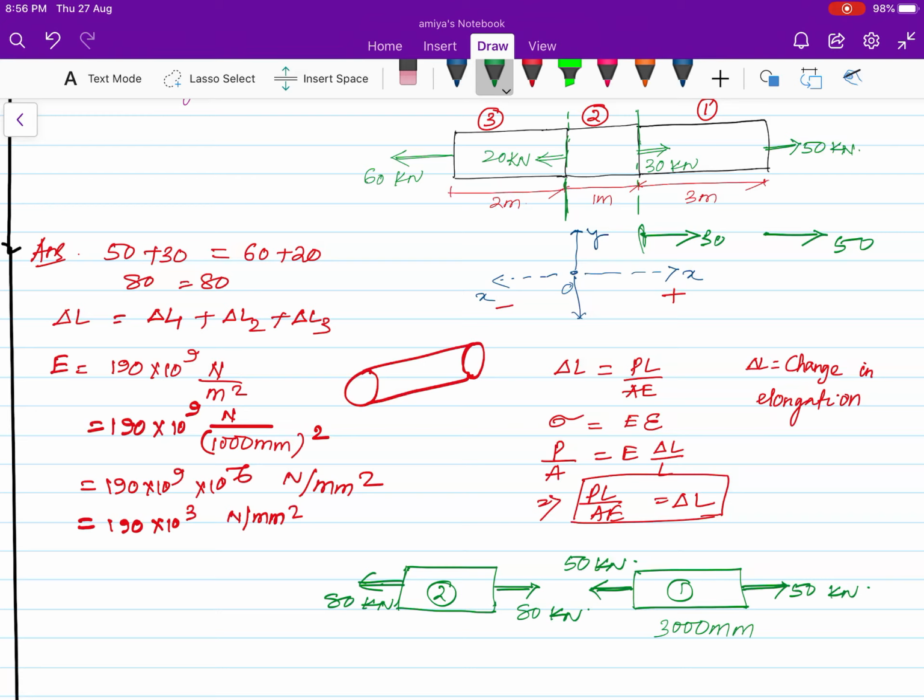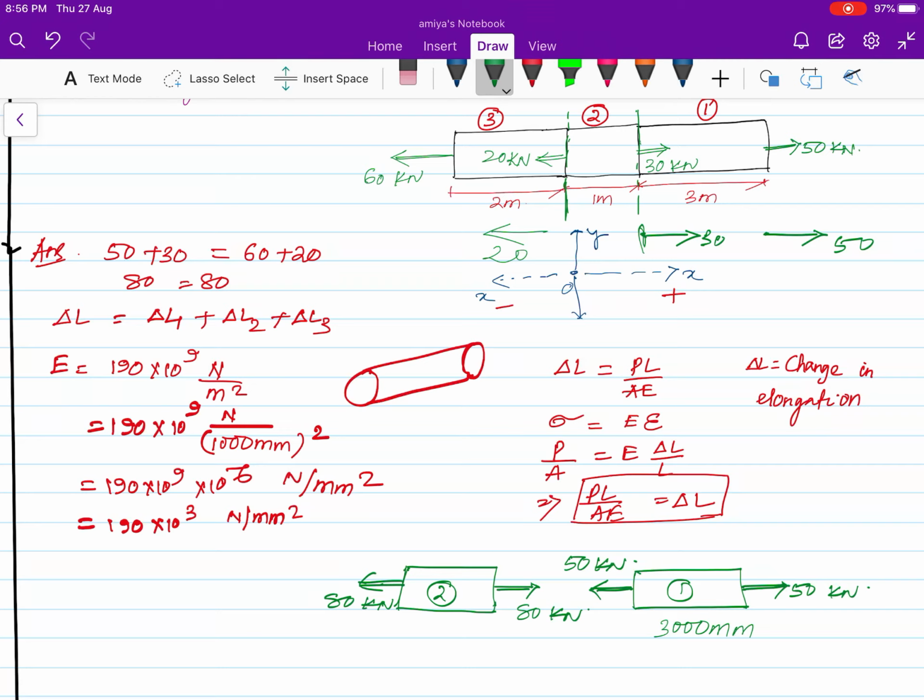Next, come to the joint of sections 2 and 3. At this point, 50 and 30 are going in the positive direction and 20 is going in this direction. So we write 50 plus 30 minus 20, which is 60 kilonewton.